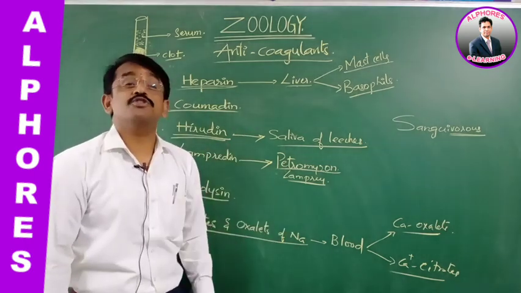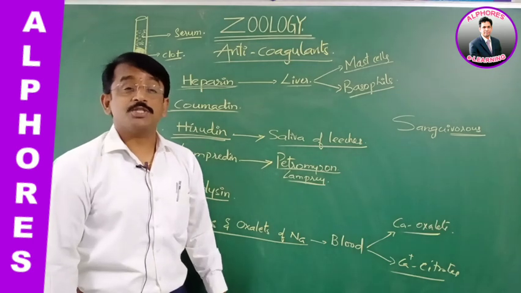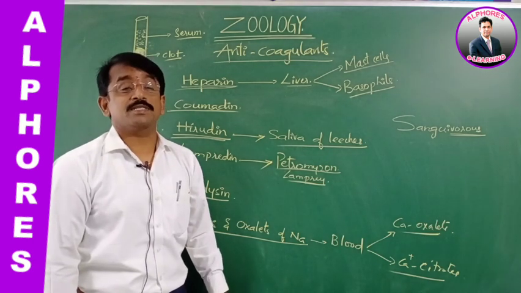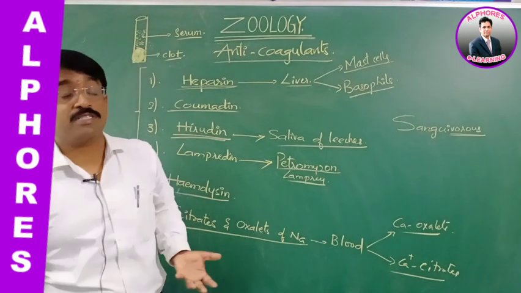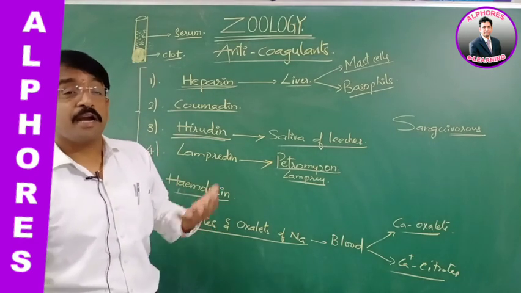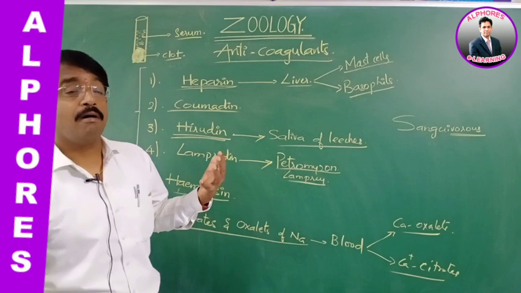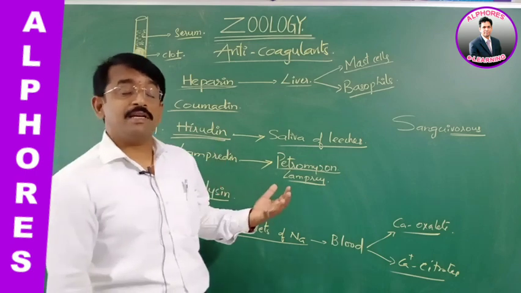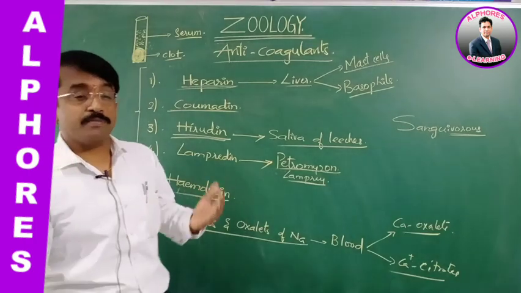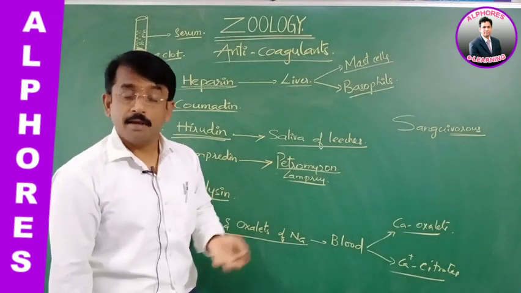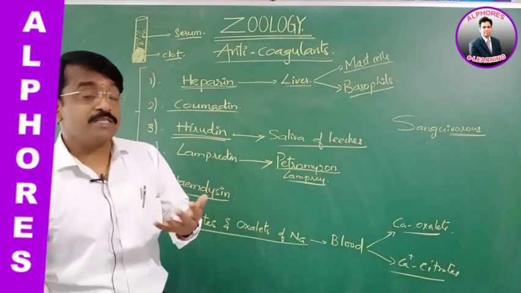So this is a calcium remover. So you may be asked a question. If I ask you a statement, calcium removers are used in the blood banks, is it true or false? Yes, true. And what is the reason for it?